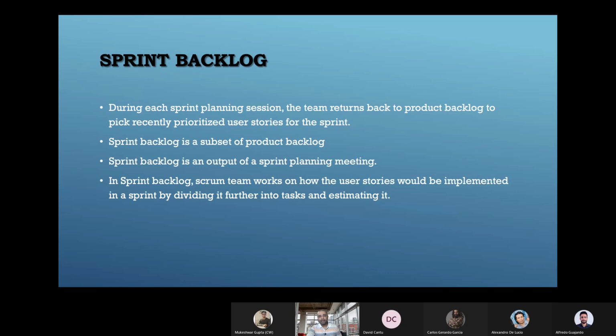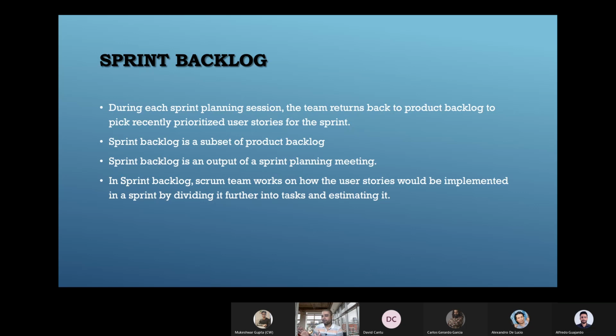And in the sprint backlog, the Scrum team works out how the user stories would be implemented in the sprint by dividing them further into tasks and estimating them. This usually goes in the sprint planning meeting too. If I break sprint planning into two halves, the first part focuses on which items we are pulling from the product backlog to the sprint backlog.